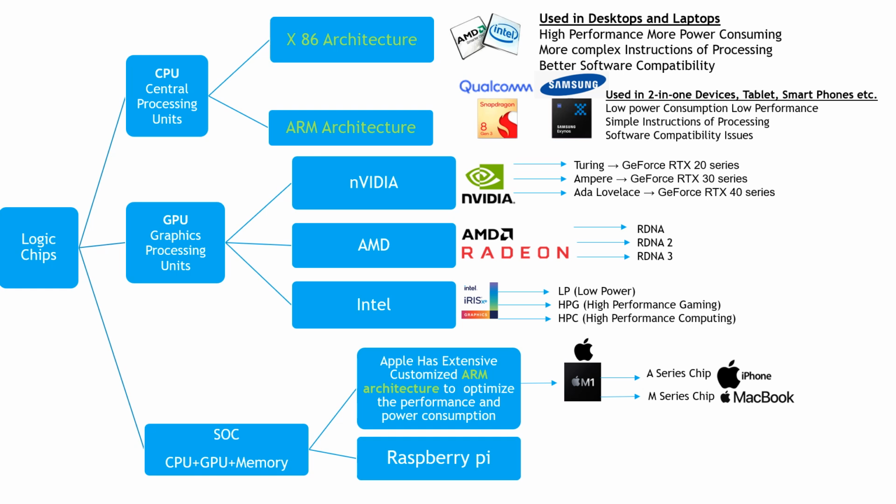One is the A series, which is primarily used in iPhones, and the M series, which is mainly used in the MacBook Pro and MacBook Air. These M1 chips are enhanced ARM architecture based. Similarly, the Raspberry Pi has a separate operating system which runs on this system on chip.